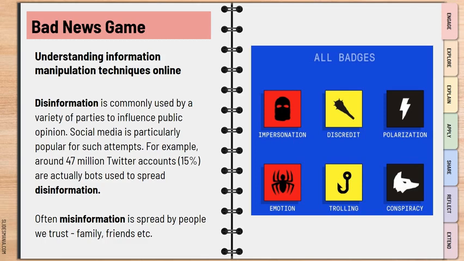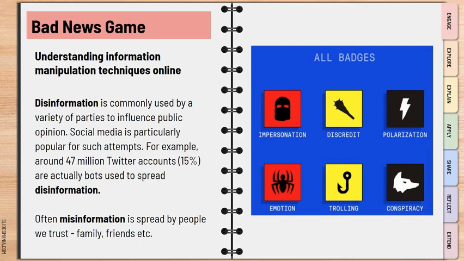For example, on X, which is formerly Twitter, it's believed that at least 47 million accounts are bots that are used for the purpose of spreading misinformation through social media. On the other side, misinformation, miss, having that meaning of incorrect or badly, is spread by people we trust, family or friends.